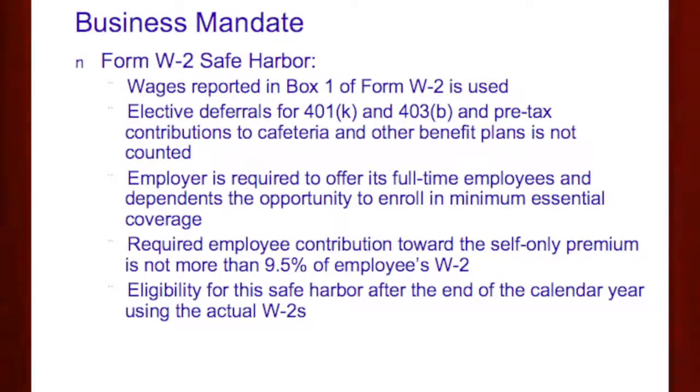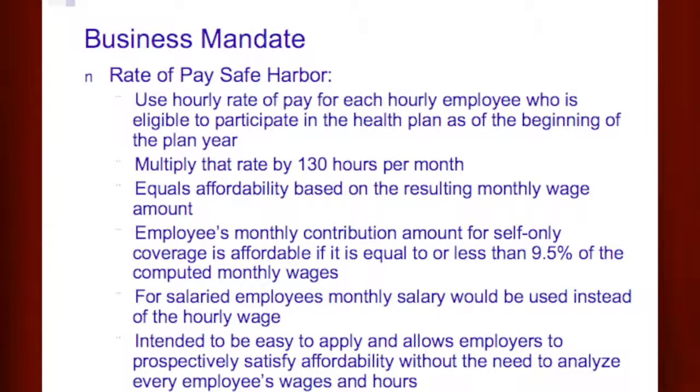The rate of pay exception, or safe harbor I should say, basically says that for hourly employees, you look at what the hourly rate of pay is, times 130 hours in a month, because these are monthly penalty determinations, and you determine the amount of income on that basis.